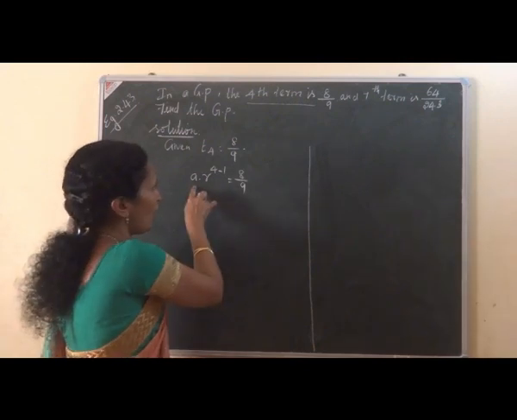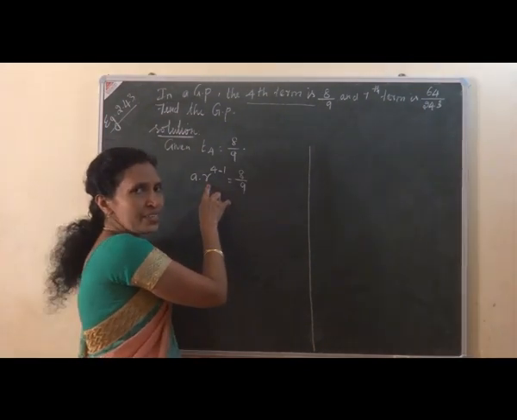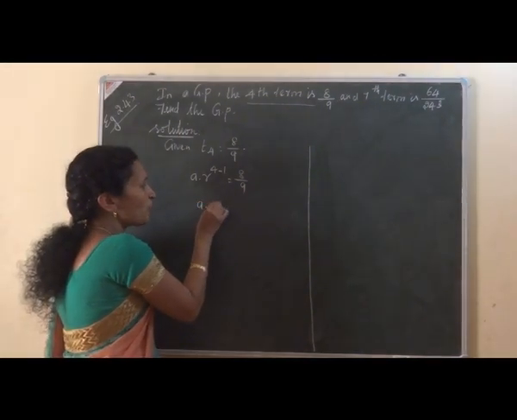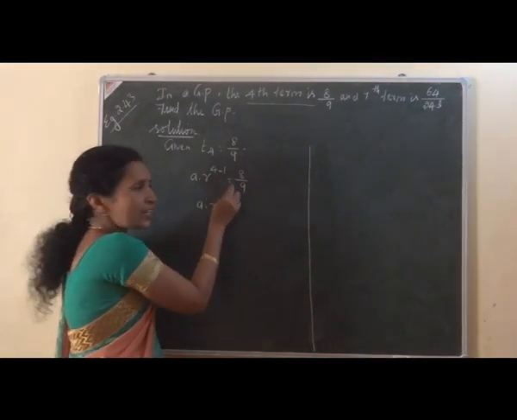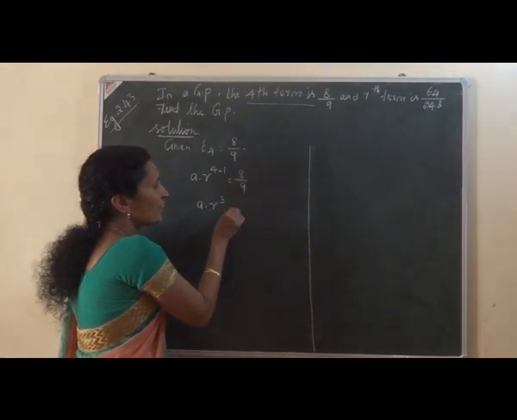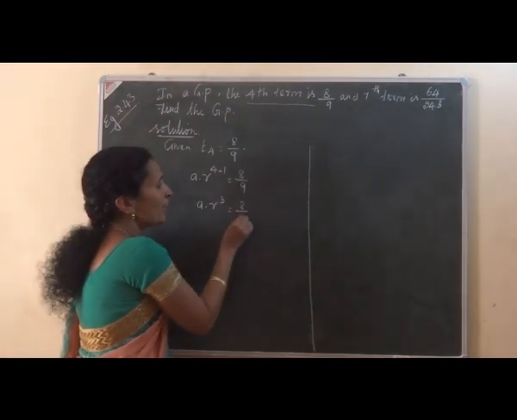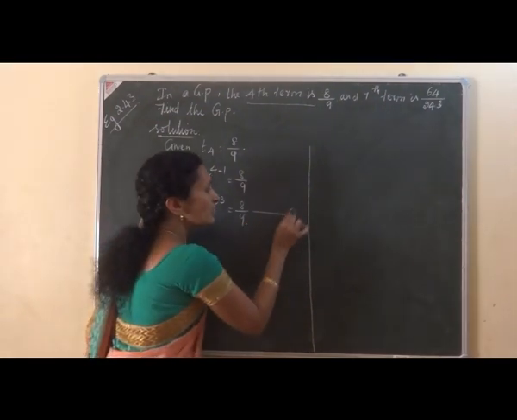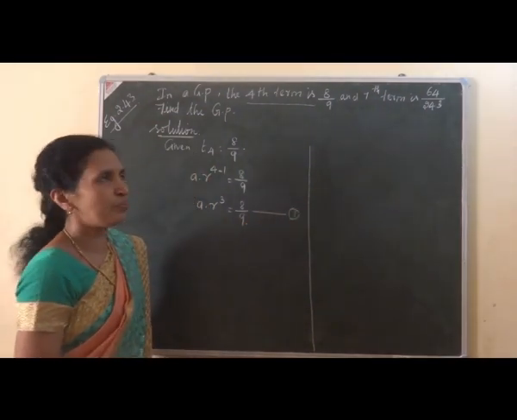You don't know the value of A and the value of R till now, right? So again you write A into R power 4 minus 1, that is 3, equal to 8 by 9. This one we call equation 1.